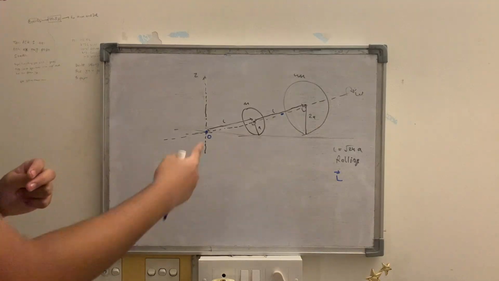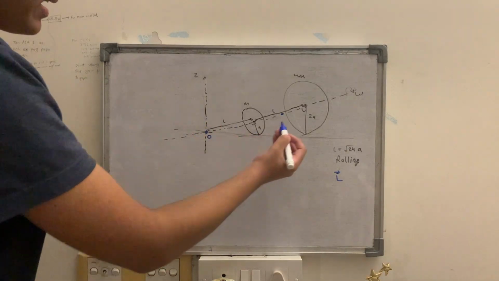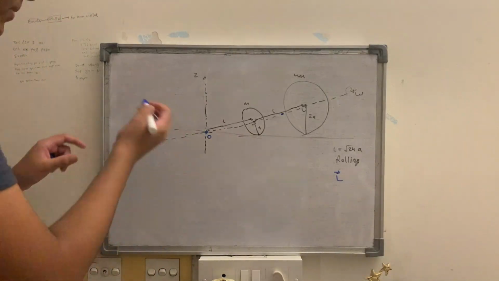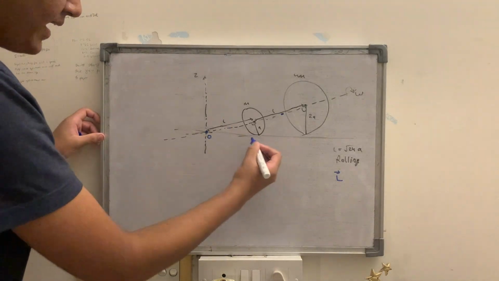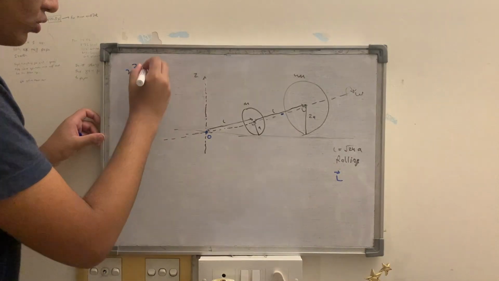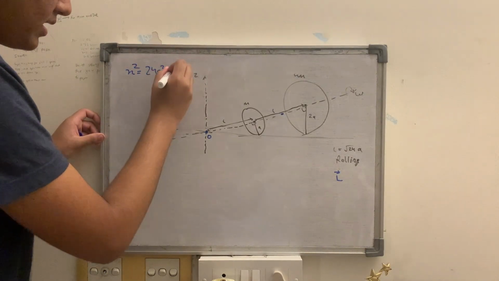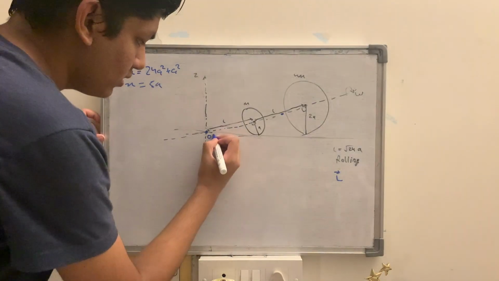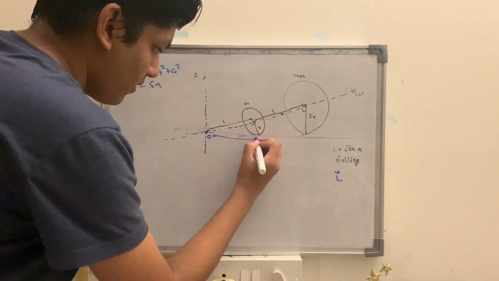So L is equal to root 24a. This is a right angle triangle. Let's say this is x. So x squared equals 24a squared plus a squared, x equals 5a.